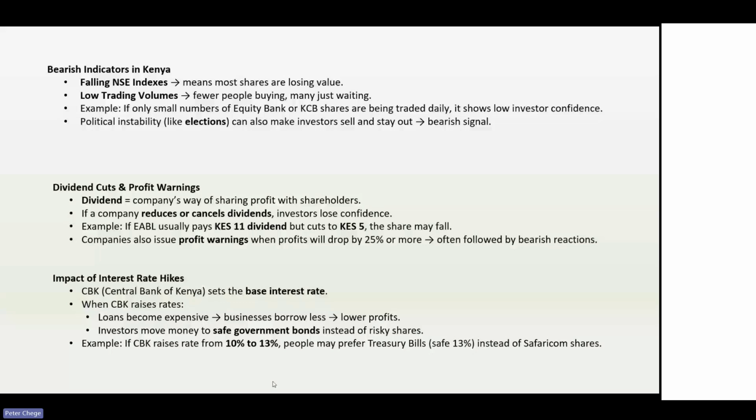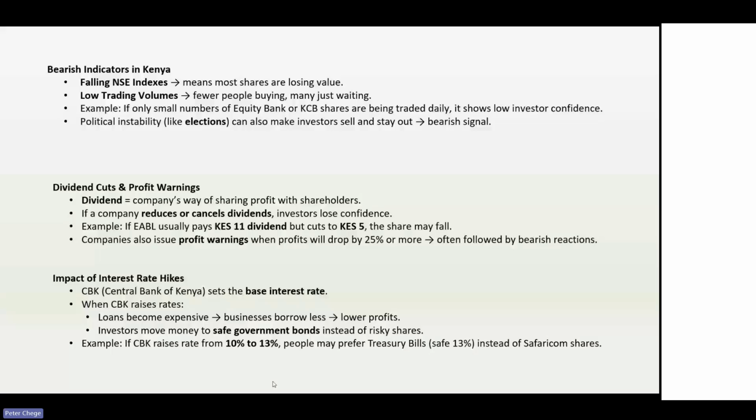So at the point where interest rates have gone up, most people move to bonds because they are less risky. First of all, government cannot default on a bond. A bond is just a loan you are giving to the government. So they can't default, so it is safe. Secondly, the rates are fixed. Here you have shares, where you don't know where the price can move.